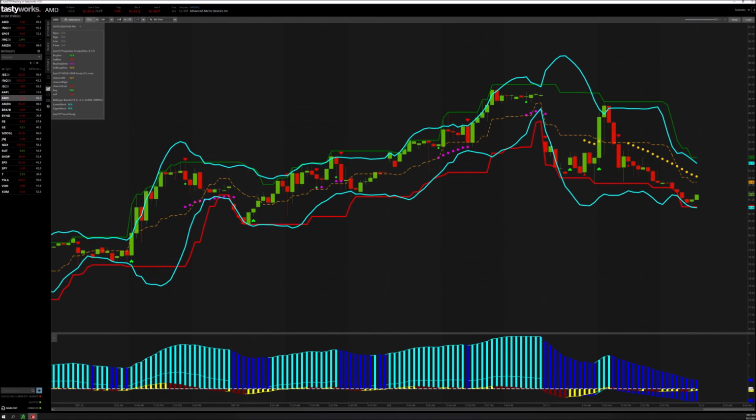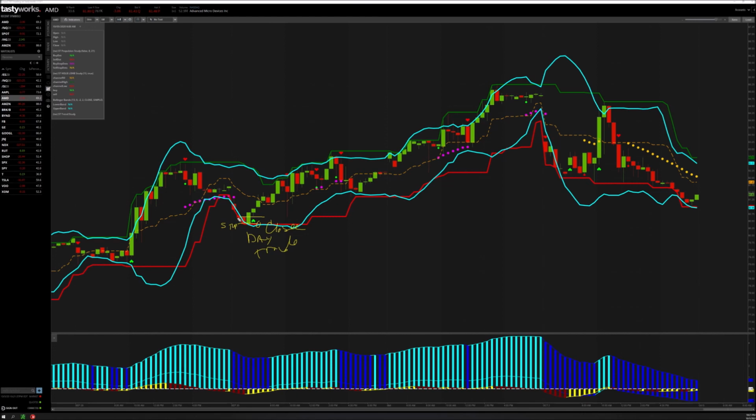Let's say he sold this strike here, then his stop loss is going to be here. So if price reaches here, and it's a day trade, he gets out. He closes.